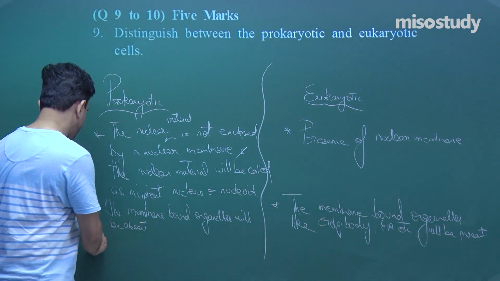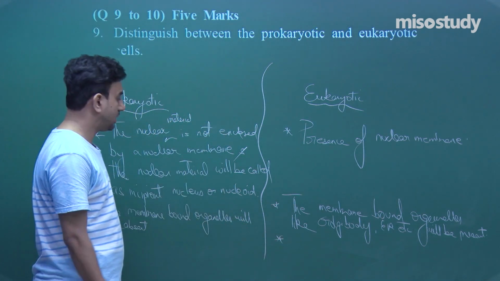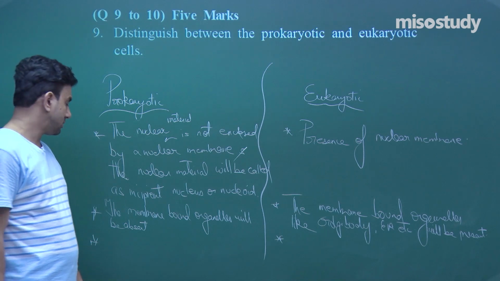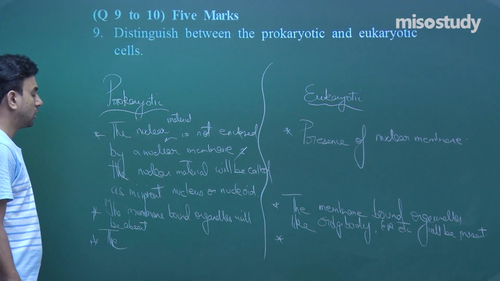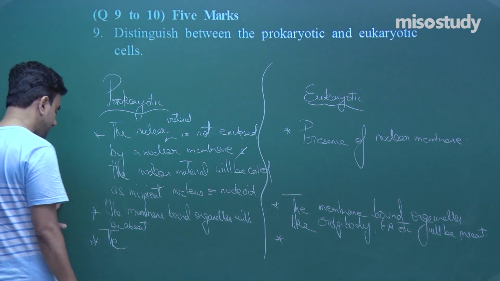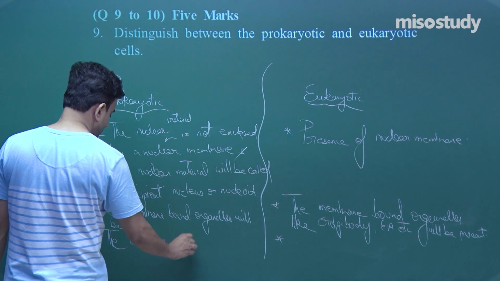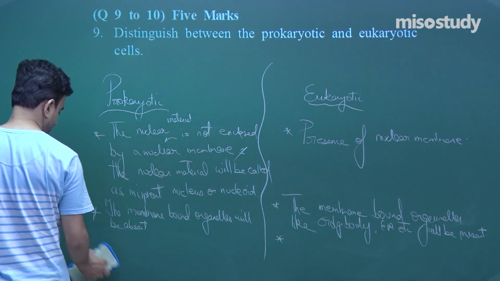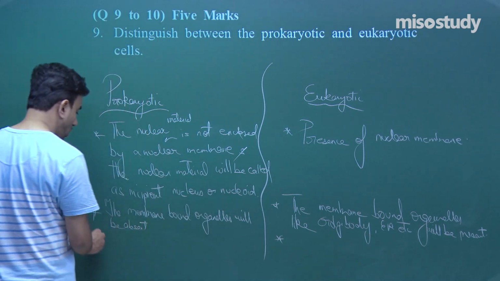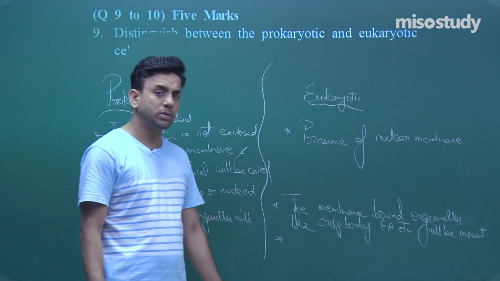So the membrane bound organelles are absent in the prokaryotic cell, and the membrane bound organelles like Golgi body, etc., will be present in the eukaryotic cell.